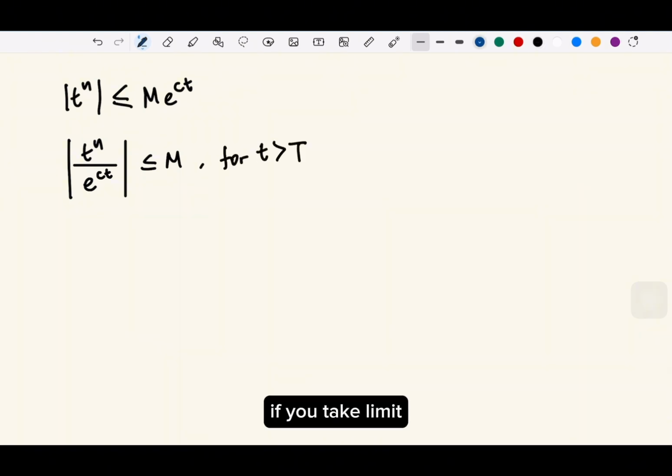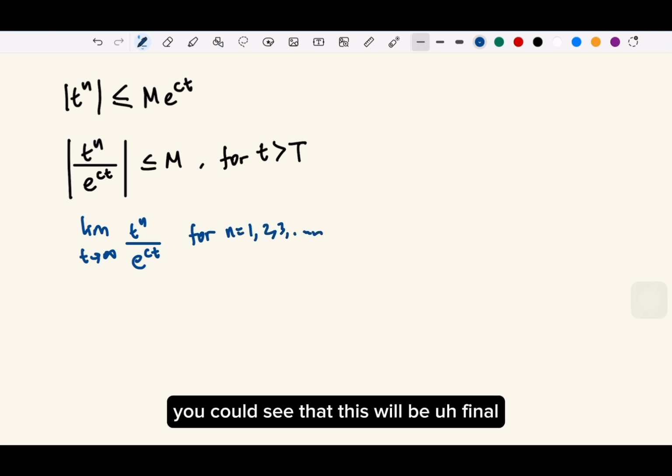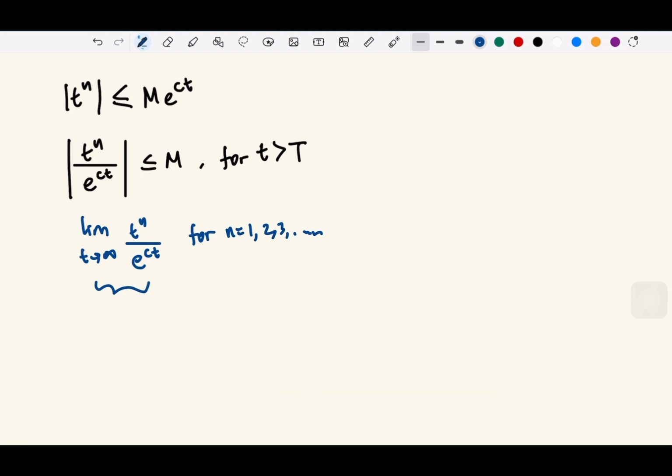If we take the limit, we could see that this will be finite.